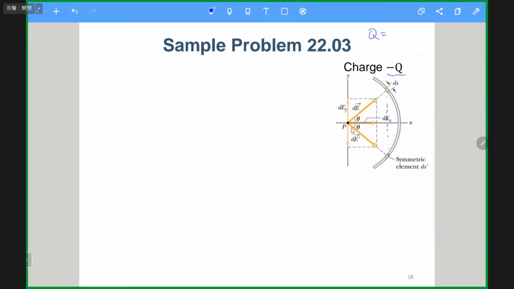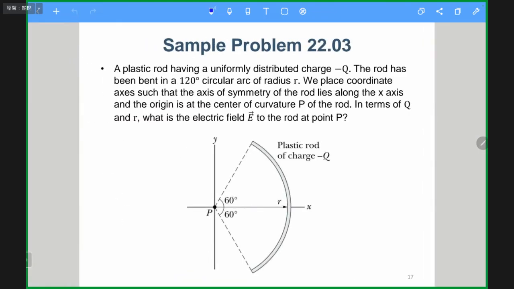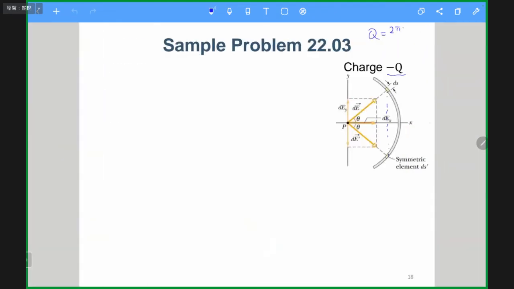This is 120 degrees, and the full circle is 360 degrees, so it is one third of the full ring. So it is 2 pi r over 3, and then times lambda, rather than 2 pi r times lambda, because this is not a full ring.